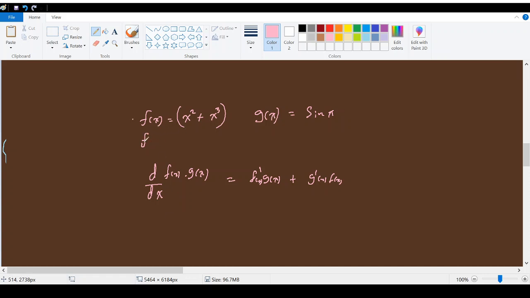But still this letter represents this function, so the product can be written like this, right? g(x), right? So just because you have this kind of a letter, is it possible to take this one out from the derivative sign?